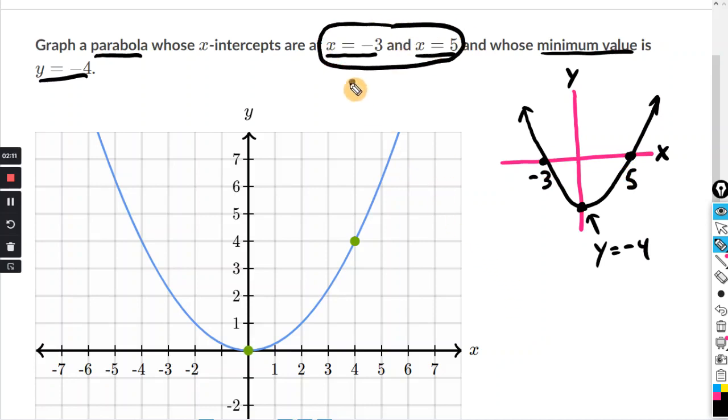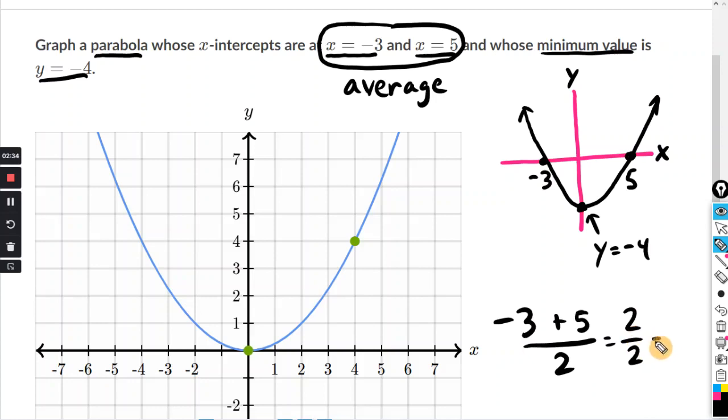So basically, the midpoint is going to be the same as the average. And how do you find the average of two numbers? You add them and divide by 2. So -3 plus 5 divided by 2. All right, -3 plus 5 is 2. Divided by 2, that just equals 1.